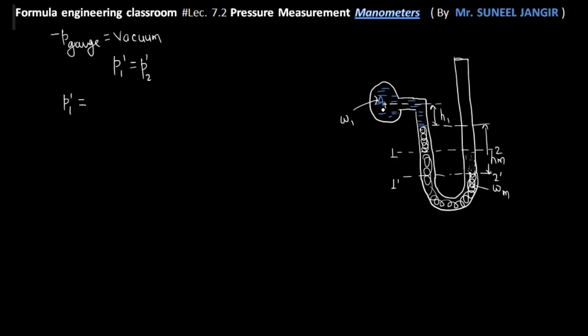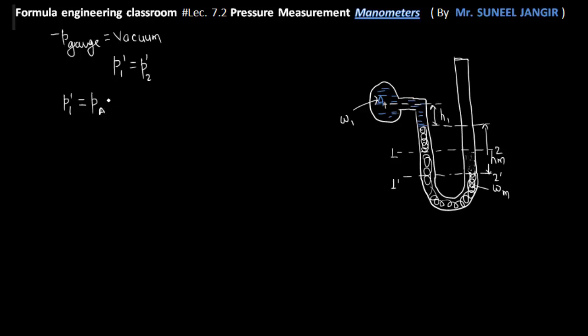To calculate the pressure intensity P1 dash at this point, we know the pressure intensity at the point A is unknown. Let me call this PA. Then this PA is the same throughout this line or level. Now we are moving down in this fluid, so the pressure intensity keeps increasing.